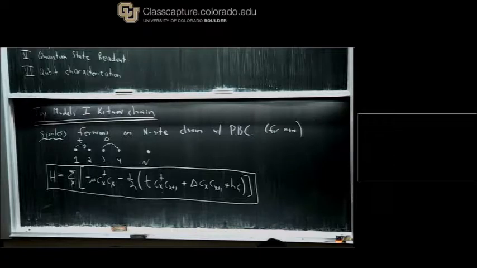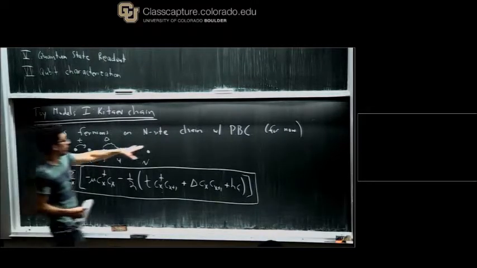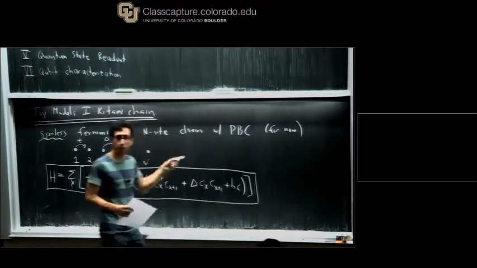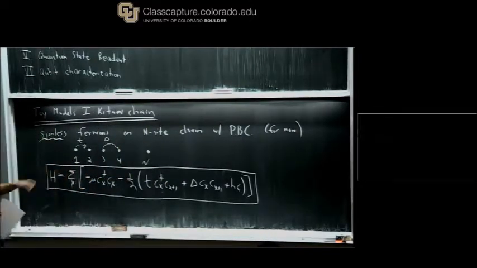Okay. I think a generally good piece of advice is that we should always take advantage of whatever symmetries we have in our problem. Since I have a chain with periodic boundary conditions, we actually have translation symmetry. We can translate by one site and the Hamiltonian looks the same. And we can take advantage of that translation symmetry by passing to momentum space, so let's do that.